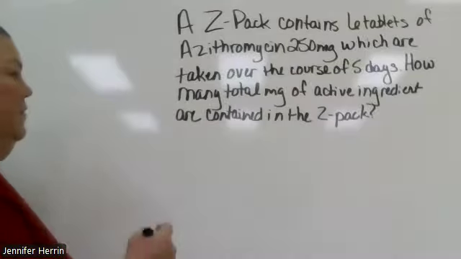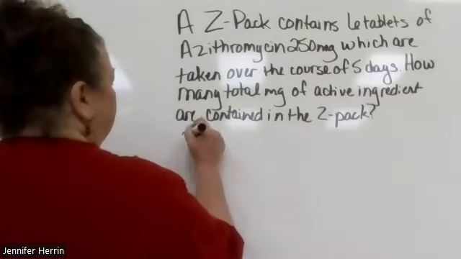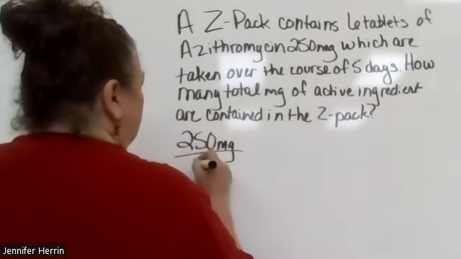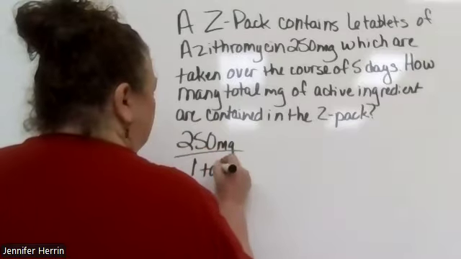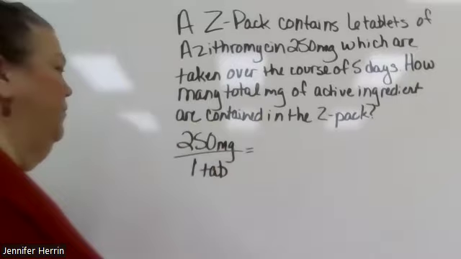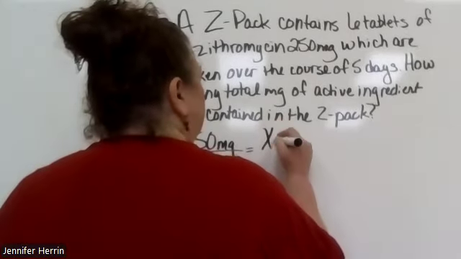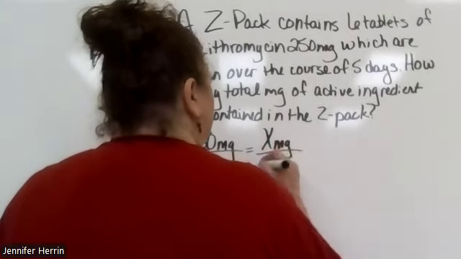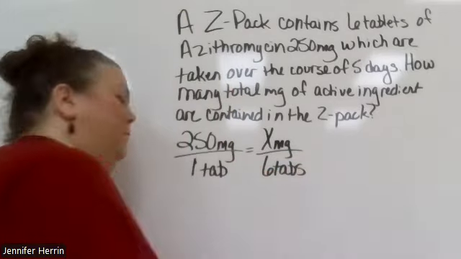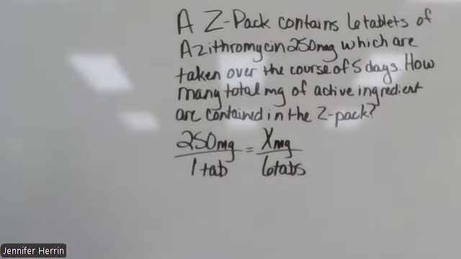In this case, we have 250 milligrams per tablet. And we're going to set that equal to, we're looking for the number of milligrams contained in all 6 tabs. So that is how we would set that equation up.